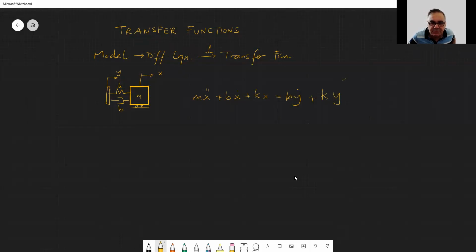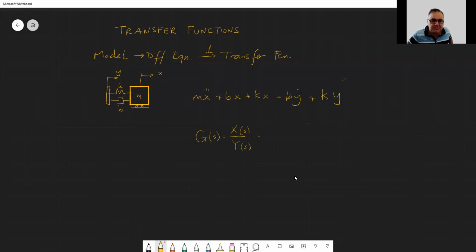b y dot plus k y. Then the transfer function of this system, which is the output X of s by the input, which is Y of s here.